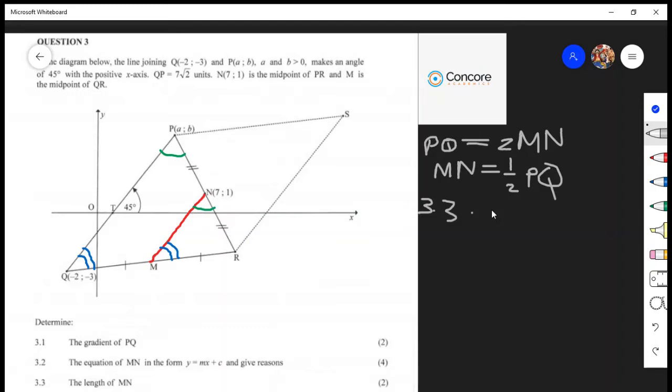I would have just said PQ is equal to twice MN, and then just substituted the value of MN if it was given. But if they asked us to calculate the value of MN, I would have gone with this straight away and said MN is equal to half PQ and substituted the value of PQ and got my answer. I just mentioned both so you can see the different ways of saying it. Like if you say x is equal to 2 and 2 is equal to x, is there a difference? Because x is still equal to 2, right?